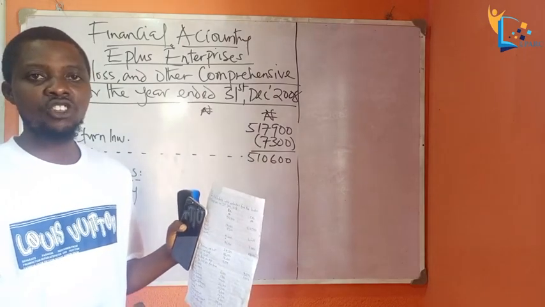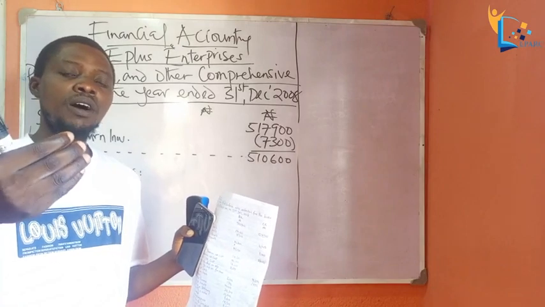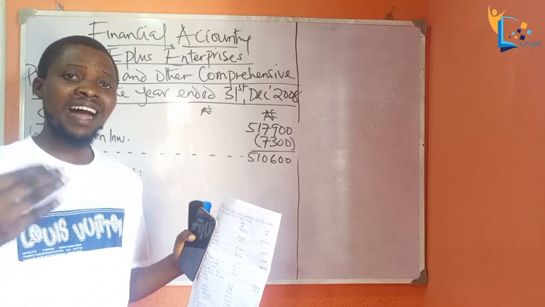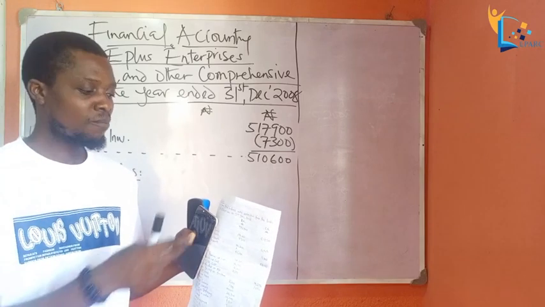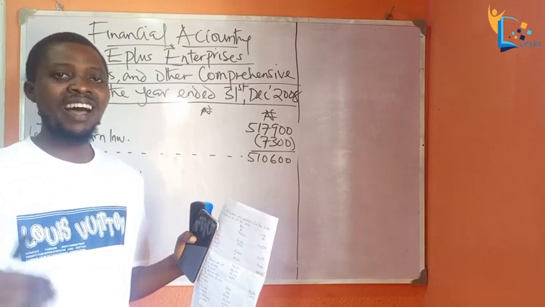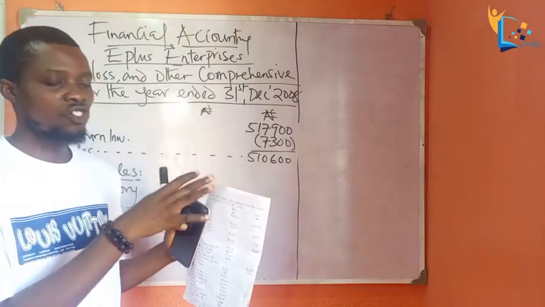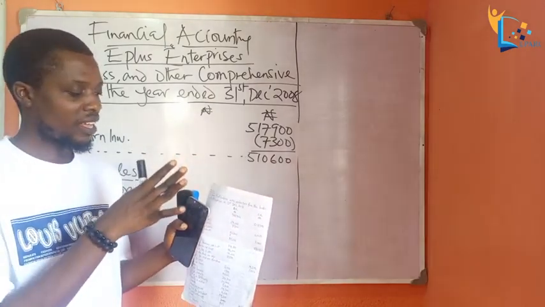Information you see in the additional information must have been a transaction that occurred after the trial balance was drafted. So these are additional information that took place after the trial balance had been extracted.